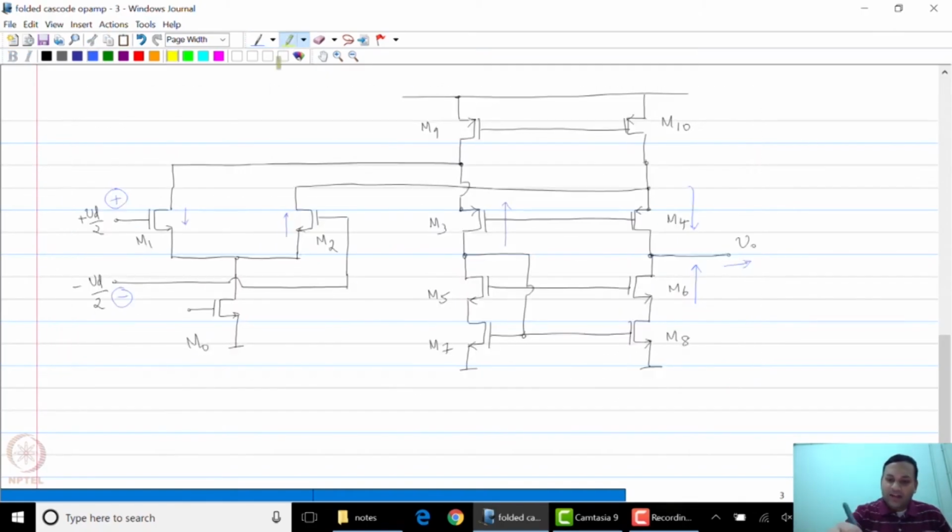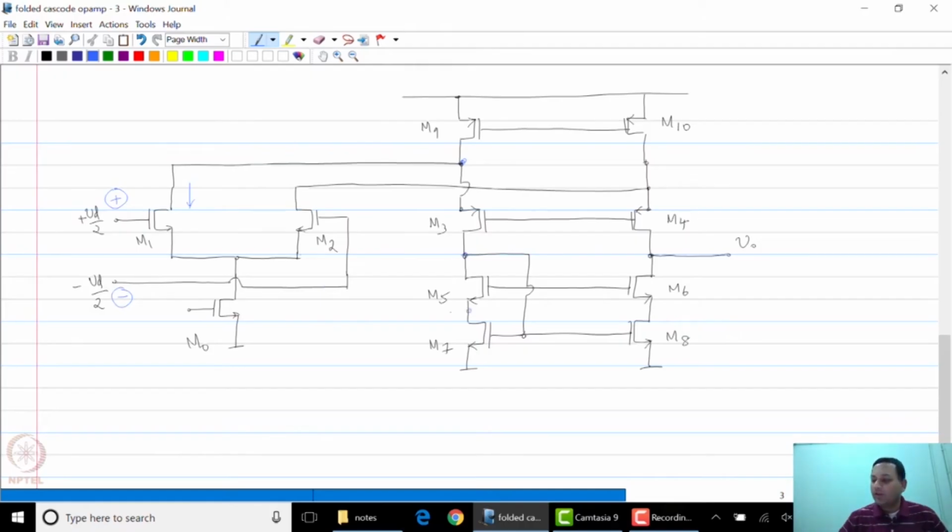If you look at the current through M1, so the current through M1 passes through this node. Sorry, I don't want to name the nodes. So that passes through this node. So you will get a pole from that. It passes through this node. You will get a pole here.